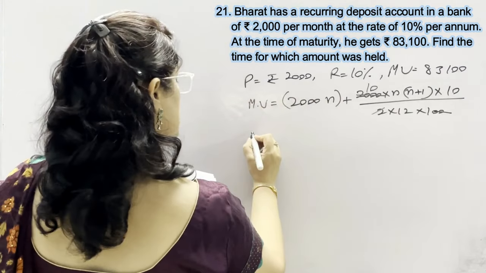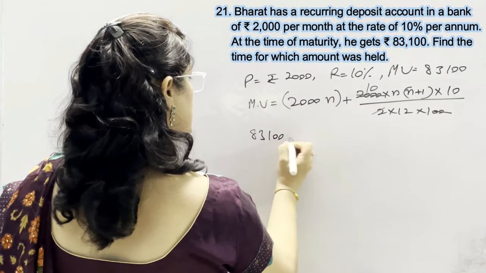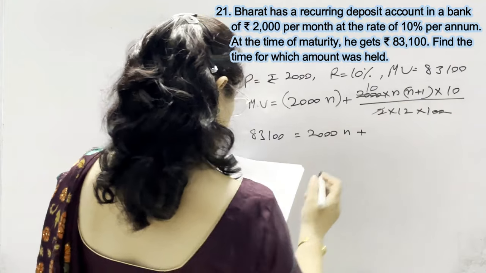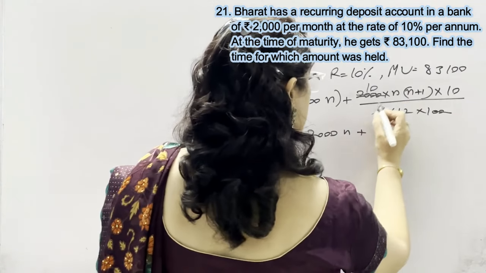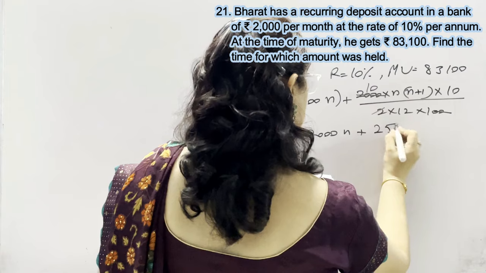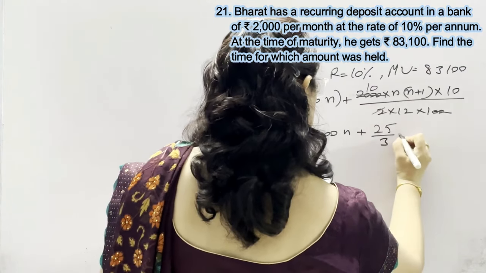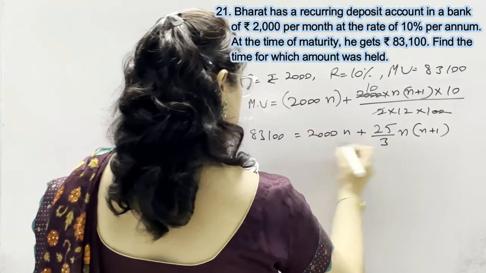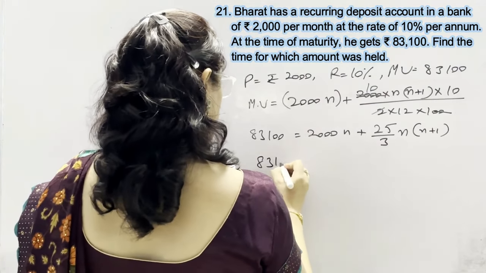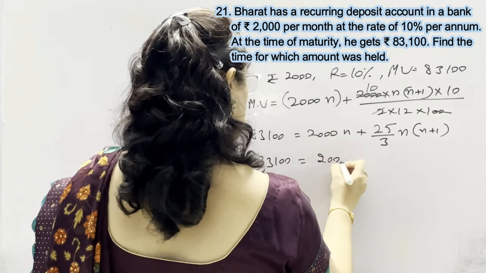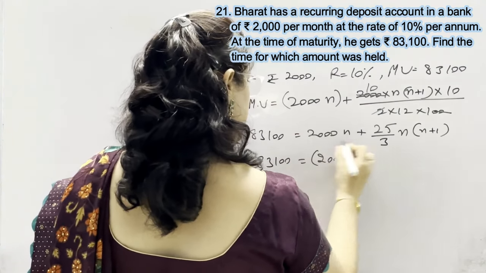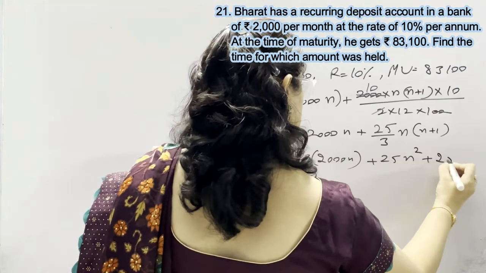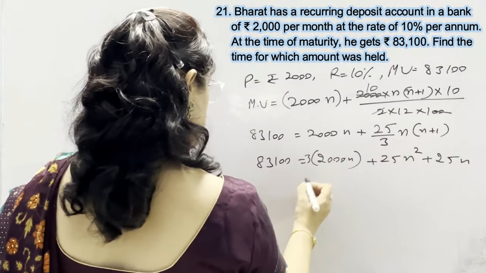Now the maturity value 83100 is equal to 2000N plus, after calculation, this value comes out to be 25 upon 3 N into N plus 1. Now 83100 is equal to 2000N multiplied by 3, taking LCM, and then 25N square plus 25N after opening this bracket.